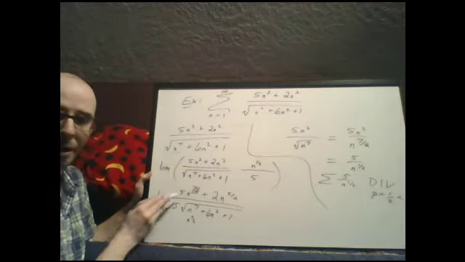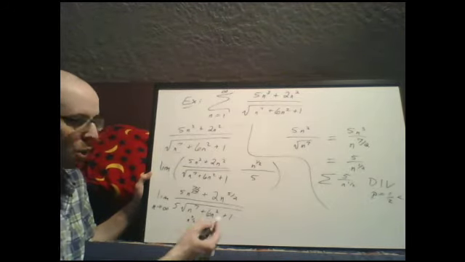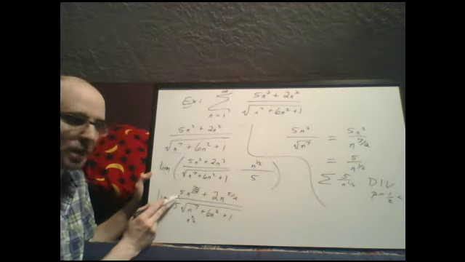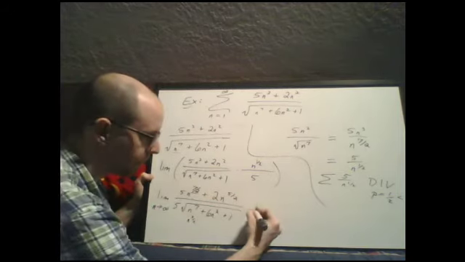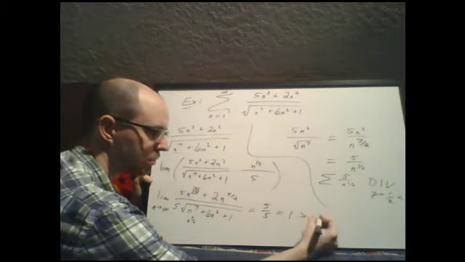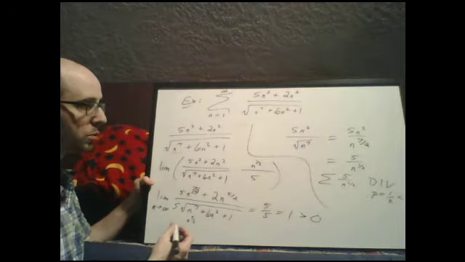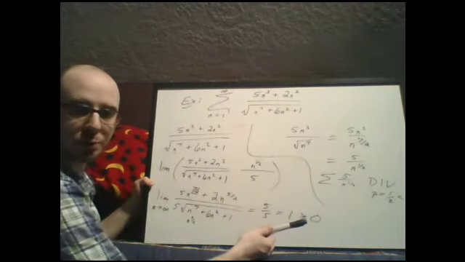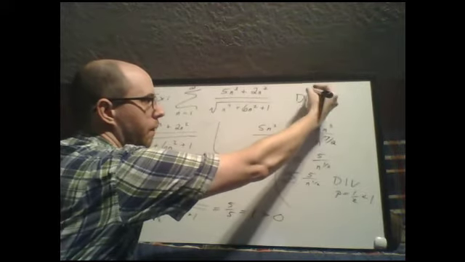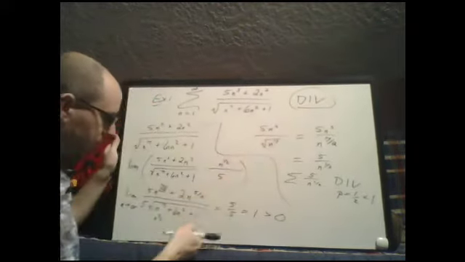So it's top and bottom of the same degree. The lower degree stuff becomes irrelevant. So we take the ratio of 5/5 here, which is again 1. 1 is positive, so our unknown series has the same behavior as our known series, which was divergent. So our answer is divergent.